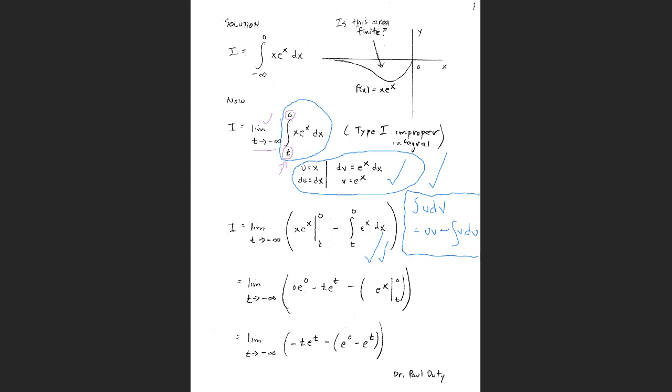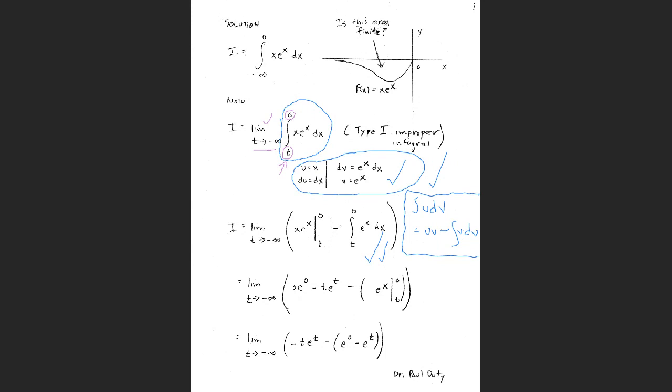Convergent integrals are ones that have finite area. Divergent integrals are improper integrals whose area is either infinite or can't be determined. Converge means to come together, right? Like finite area. Diverge means to not come together, go to infinity or negative infinity.